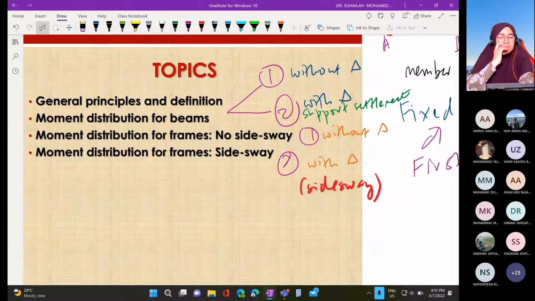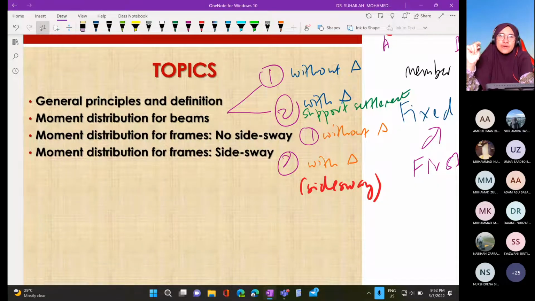Okay, this is the coverage. Basically, for beam without delta, we will have one table. Beam with support settlement, beam without support settlement, one table only. Beam with support settlement, we can solve using one table or two tables. Both can be done.